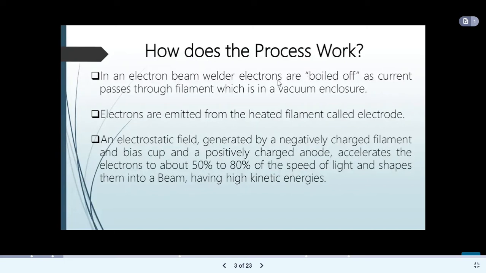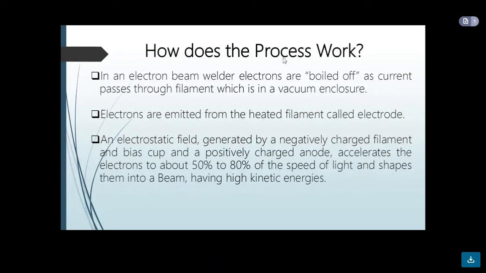How will the electrons be generated? In this process a DC power supply is used. The negative terminal is given to the cathode and the positive terminal is given to the anode, and when we apply the high voltage, then the tungsten filament is used as an electron gun.